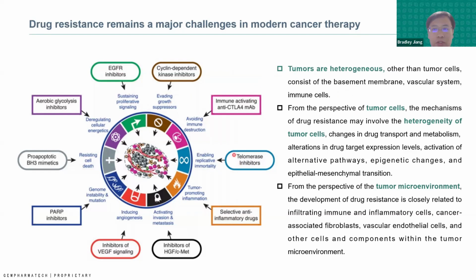On one hand, due to tumor heterogeneity and genomic instability, drug-resistant cells eventually develop into the major clone before or after treatment. On the other hand, the tumor microenvironment is changing, especially the immune environment, allowing the tumors to become more drug resistant.